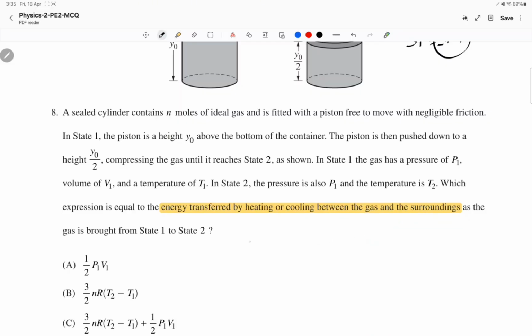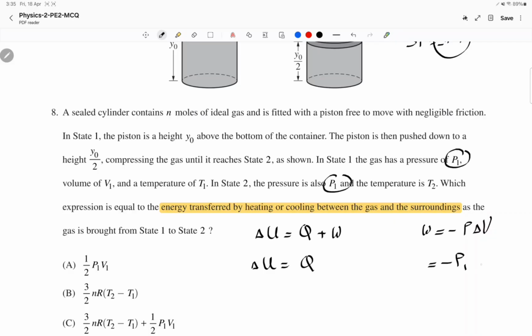So now I'm going to say delta U is equal to Q plus W. And W, you should know, is negative P delta V. It's in your equation sheet. Now, has the pressure changed? No, it was P1 and still P1, so I'm going to just write negative P1. But the volume has changed.